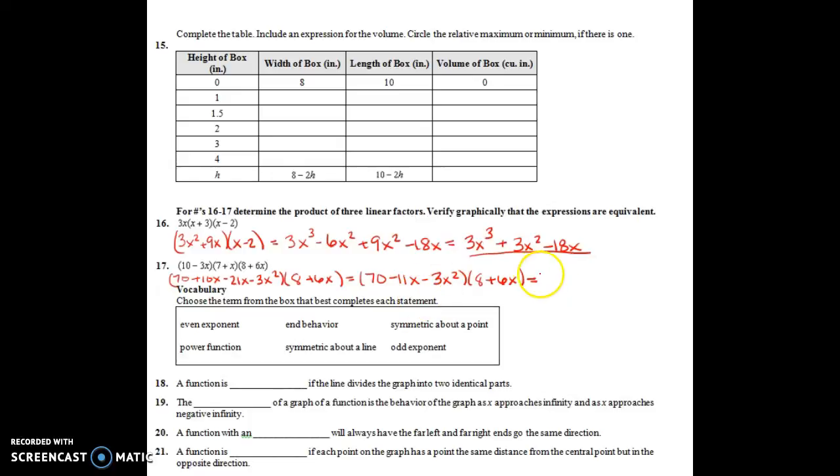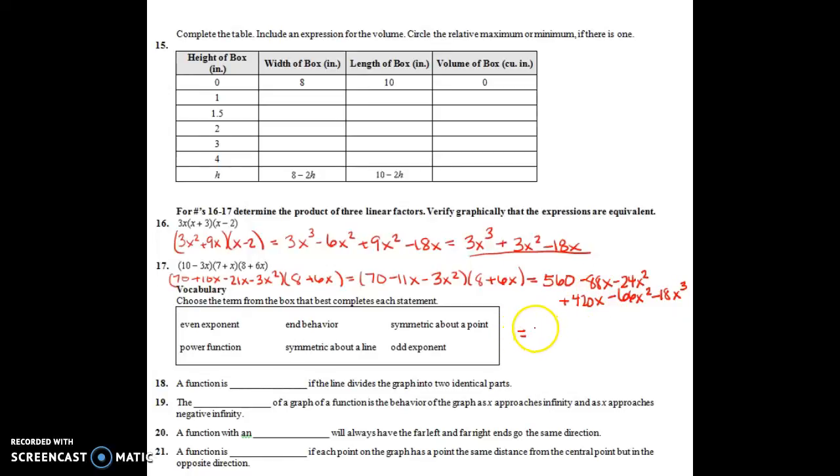So then I do the 70 times the 8, so that's 560, and then I continue to go. So 560 minus 88x minus 24x squared, sorry, I'm running out of room, plus 420x minus 66x squared minus 18x cubed, and then I would combine any like terms.